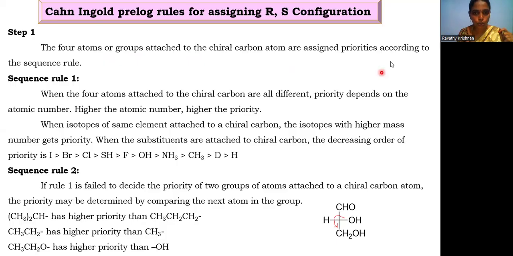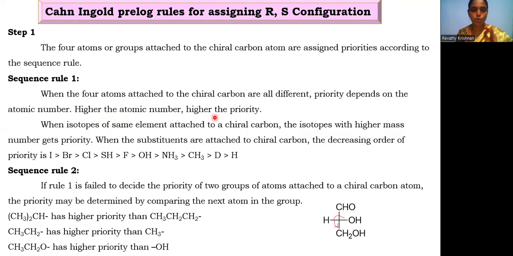The sequence rule is: when four different atoms or groups are attached to the chiral carbon atom, the priority depends upon the atomic number of the atoms directly attached to the chiral carbon. Among the four, the atom with the higher atomic number has the higher priority.